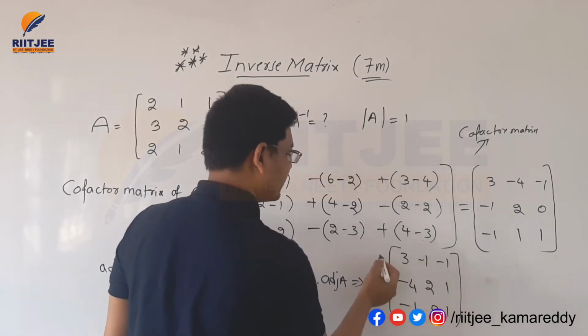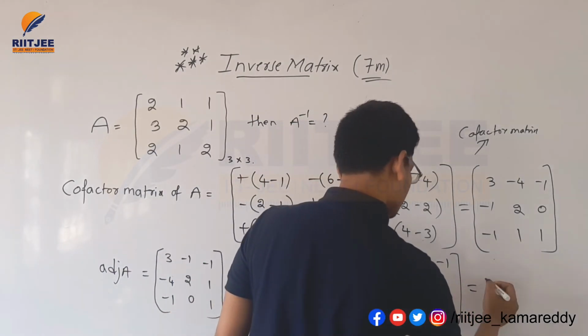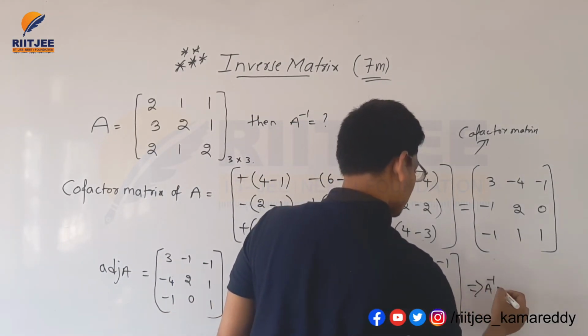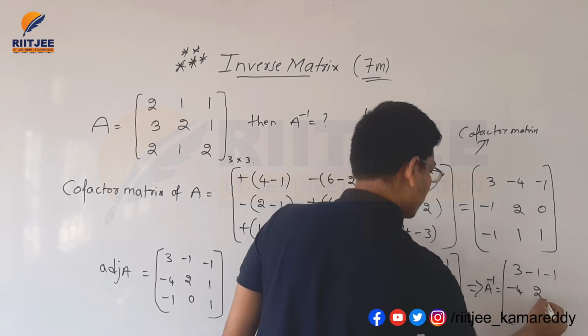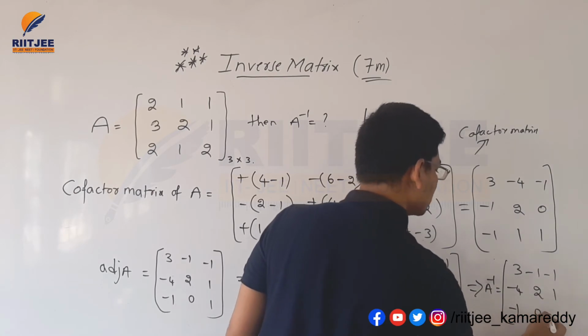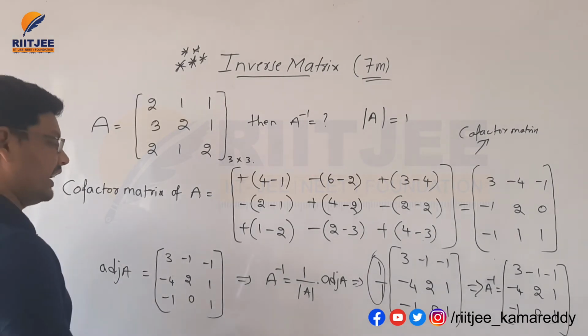If you multiply this det value to this matrix, we will get A inverse equal to 3 minus 1 minus 1, minus 4 2 1, minus 1 0 1. This is the final answer for the A inverse matrix.